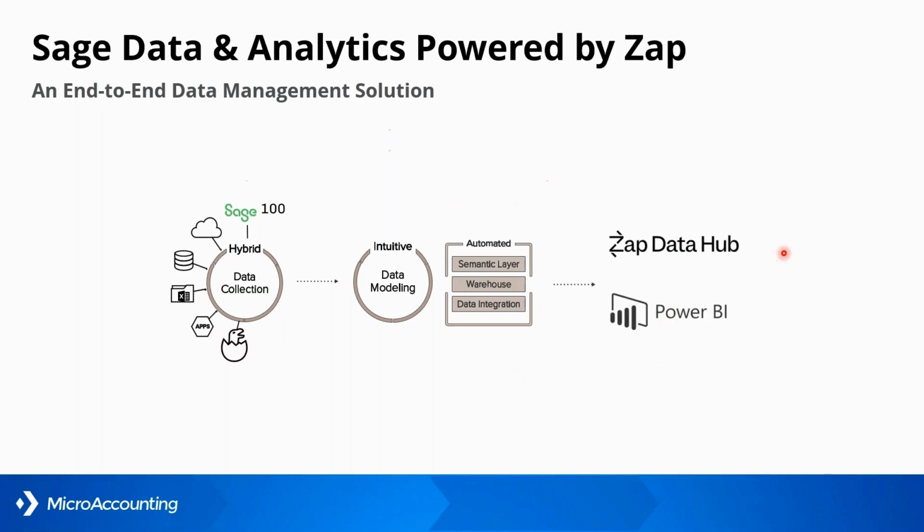And here is where we are going to visualize the data. Now, there are various ways of consuming the data. Today, I will show you our main way of consuming the data, which is our platform, Sage Data Analytics, ZAP. But just be aware that you can use other platforms like Power BI to consume the data.